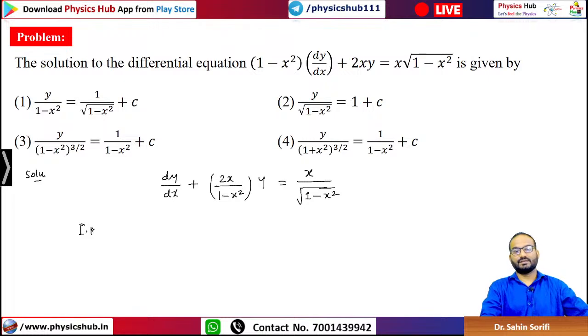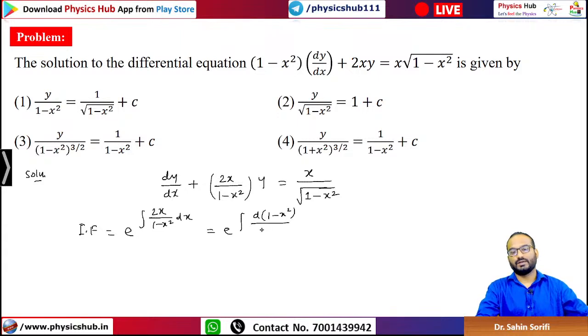And hence the integrating factor will be e to the power integration 2x by 1 minus x square dx. So we can write it in this way: e to the power d of 1 minus x square divided by 1 minus x square. So d of 1 minus x square is minus 2x, but here it is plus 2x, so let's take a minus sign.